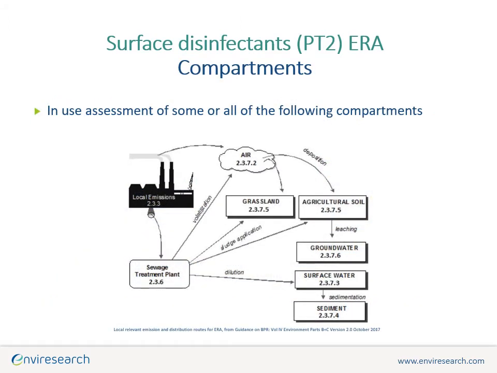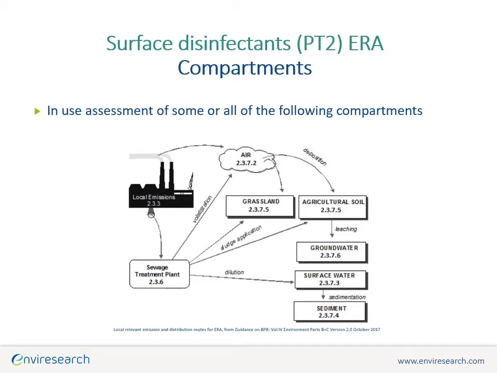So let's look at the relevant compartments for doing a product type 2 environmental risk assessment. The first step that we would do is check the emission scenario document for the details and the properties of the biocide, for example its mobility and persistence, to decide which one of these compartments in the image are relevant.